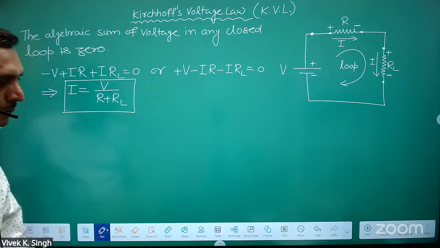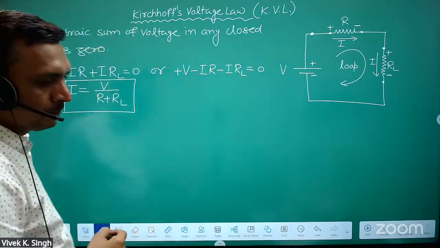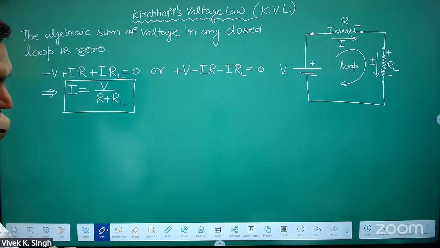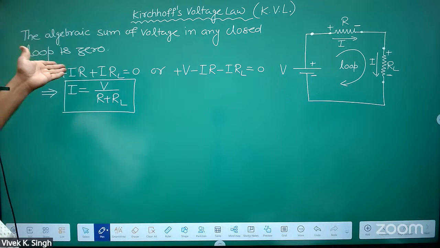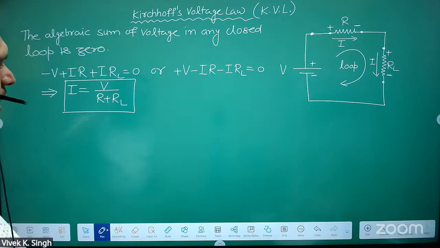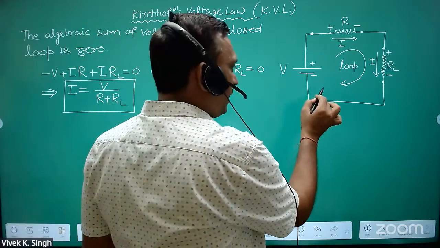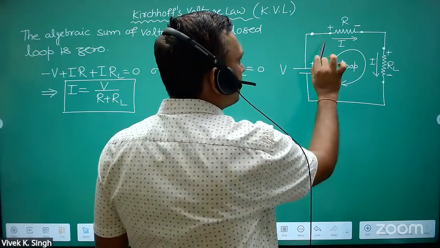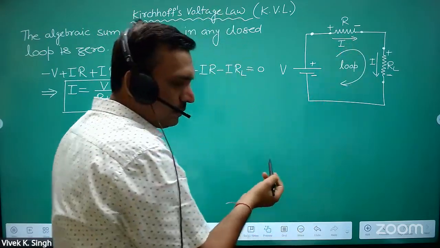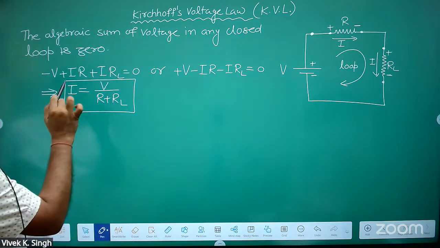Both will give you same result. So you can take either this convention or this convention. So I will take this particular convention, so that when you are encountering minus to plus, take minus sign, plus to minus, plus sign. Okay? So this is the current in the circuit.